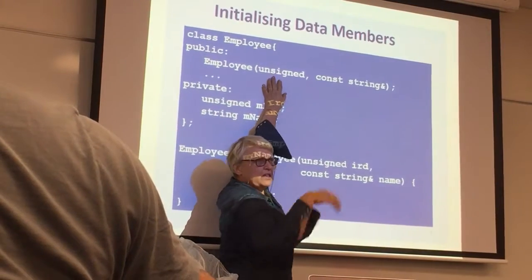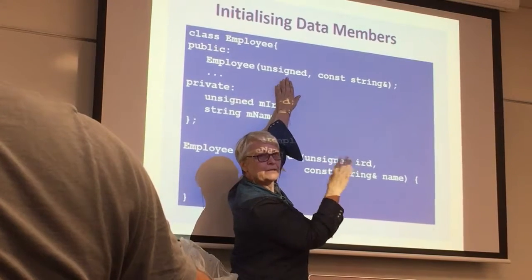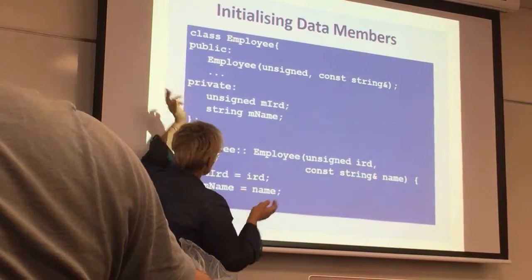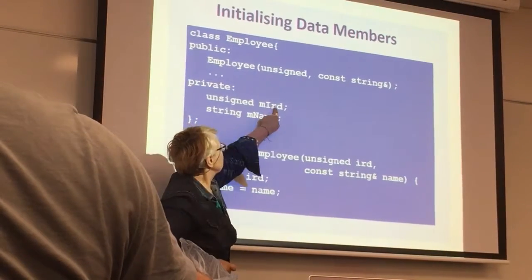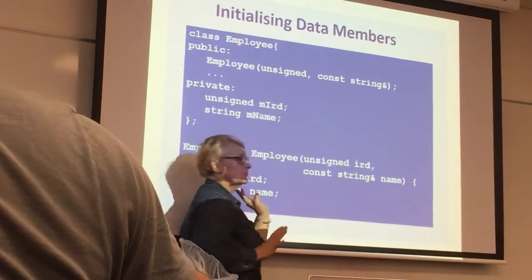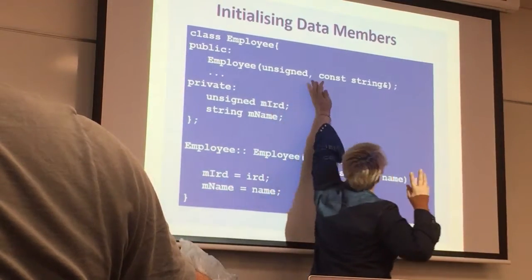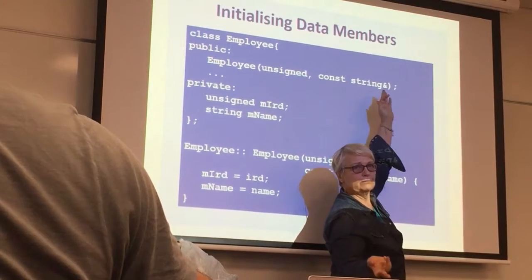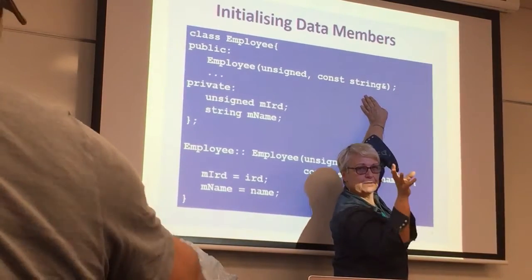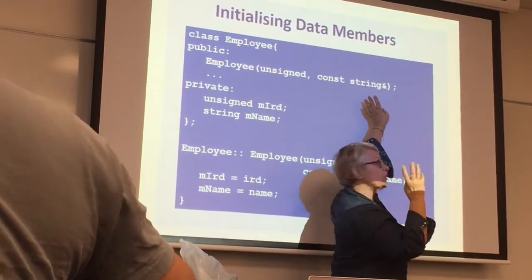First argument, it's a native type, unsigned integer. You pass it as it is, using pass by value, because what we do, we just initialize the data member with whatever argument is passed here. Copy, and this is it. Whatever is of non-primitive types, user-defined types, strings, vectors, sets, when we talk about them, these are not primitive types.